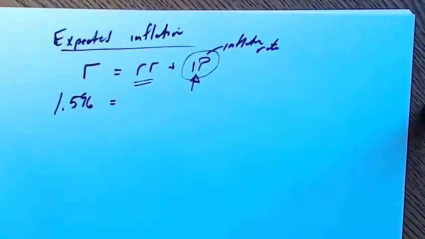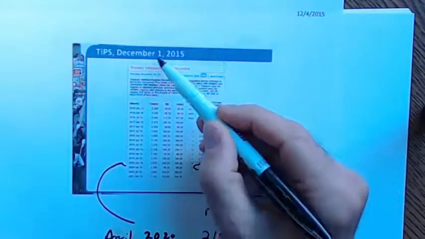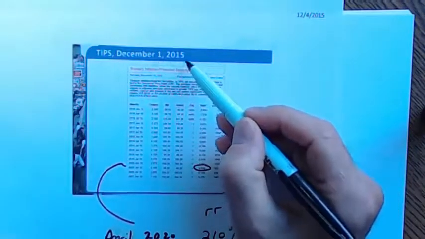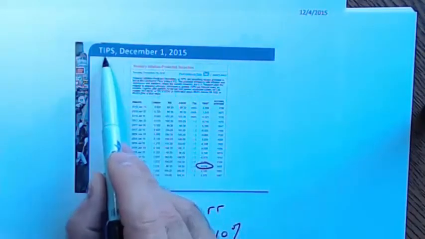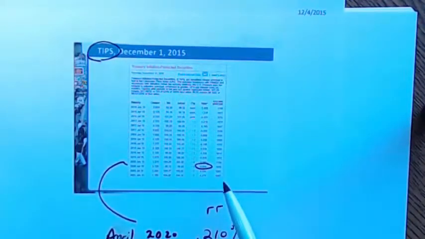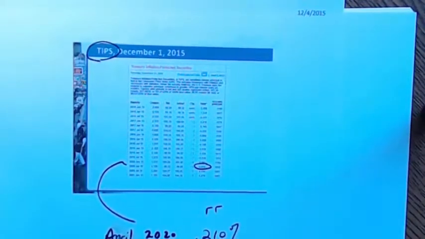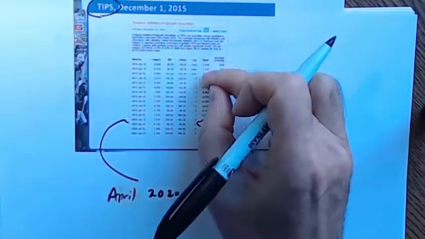And I have a slide here called Treasury Inflation Protected Securities. So as of December 1st, from the Wall Street Journal, we have Treasury Inflation Protected Securities, known as TIPS. Now, these are issued by the government, and the really cool thing about it is, here's maturity, these things have a yield that equals the real rate of return.